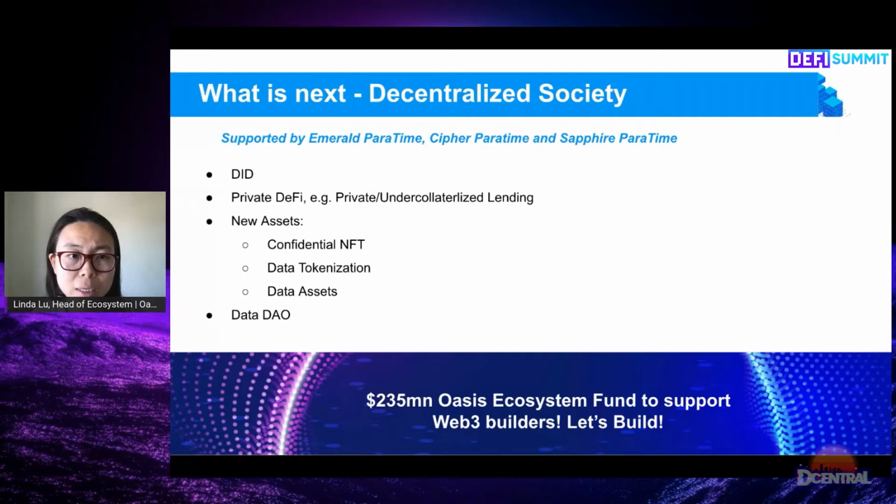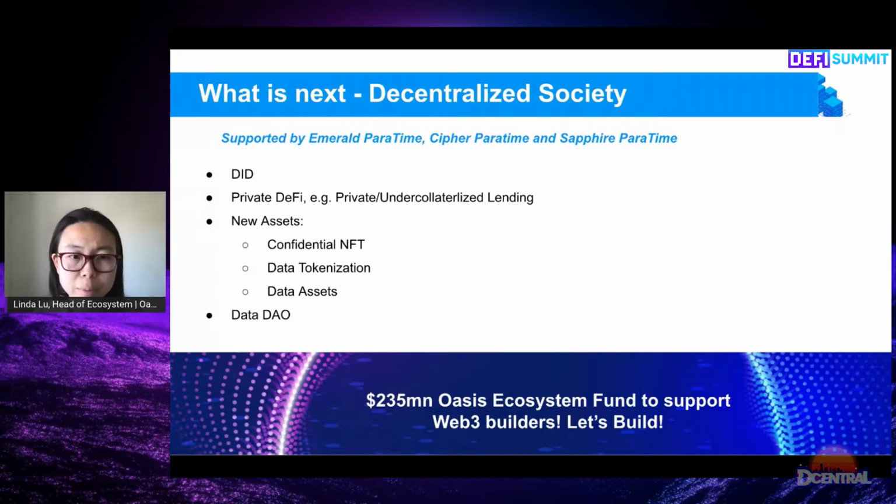again, this list is not necessarily exhaustive. We enumerate some of the pillars that we think could be very useful. We first need DID. I'll explain later why DID is critical for DeFi in the future, specifically reputation-based, credit score-based DeFi.